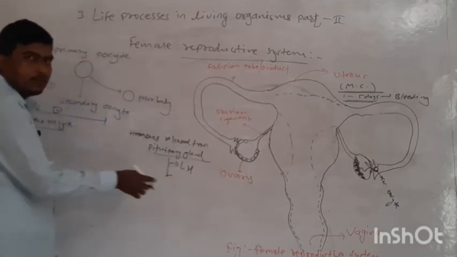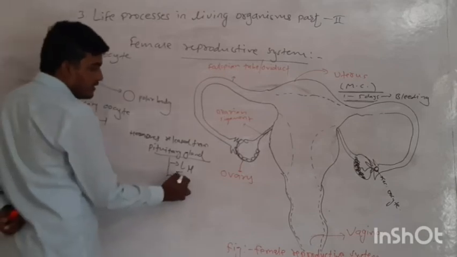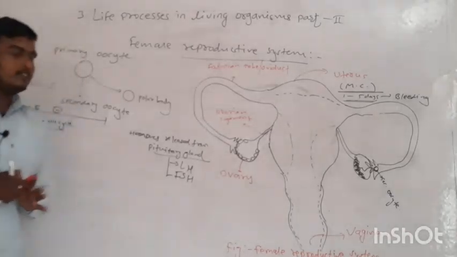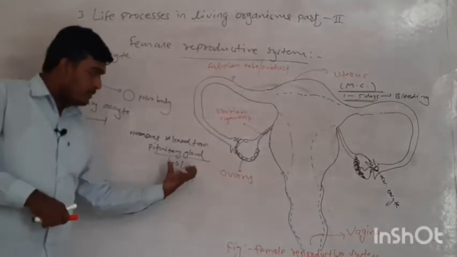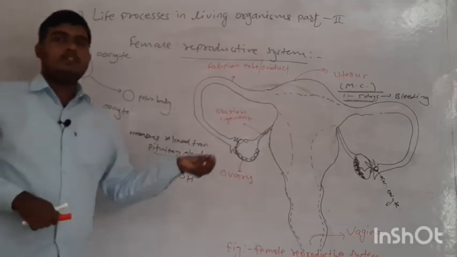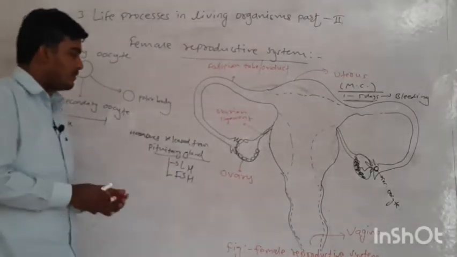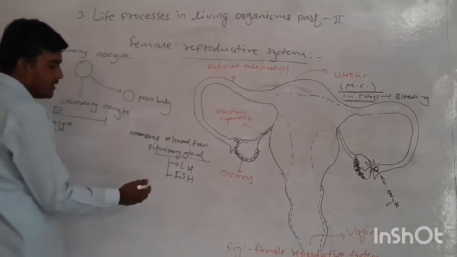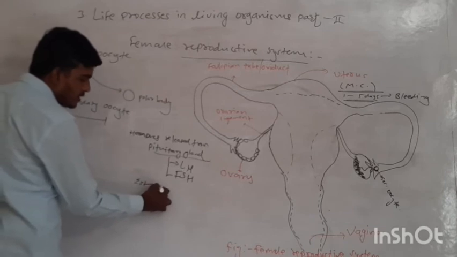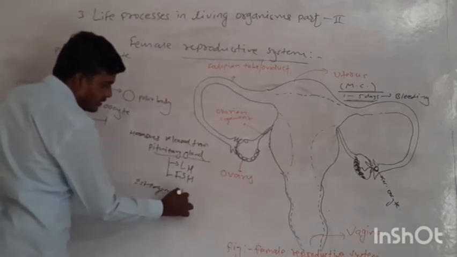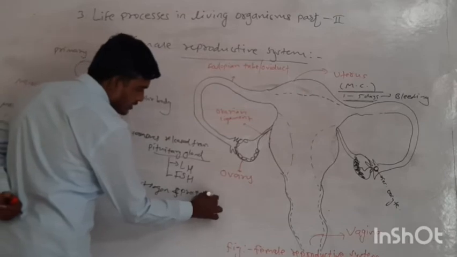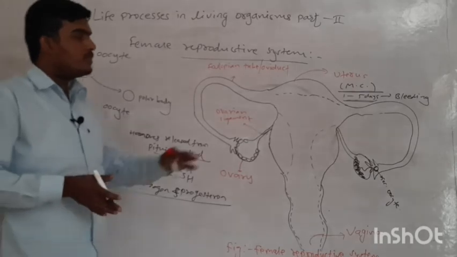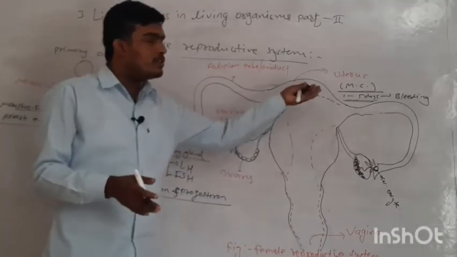We learned about this hormone in a previous class, as well as FSH, follicle stimulating hormone. These two hormones stimulate the formation of two other hormones, estrogen and progesterone. So these four hormones are responsible for the process of ovulation as well as the menstrual cycle.